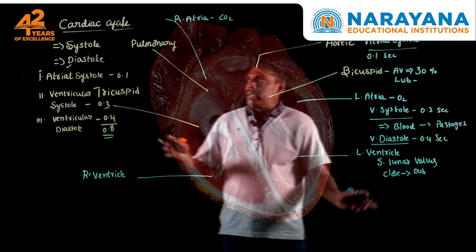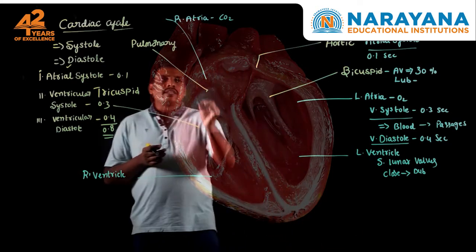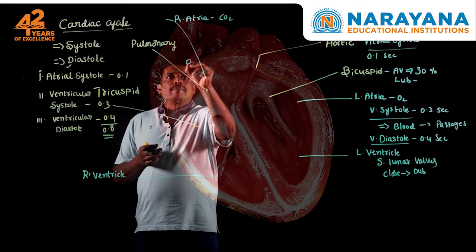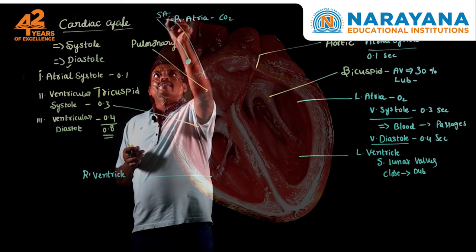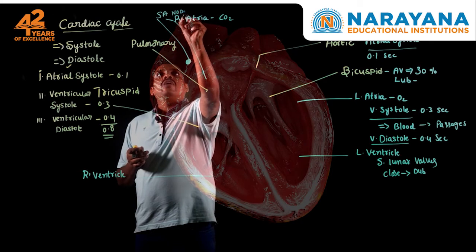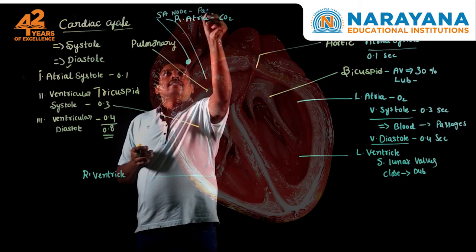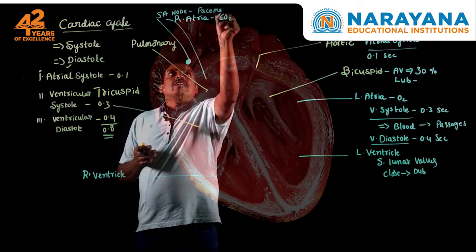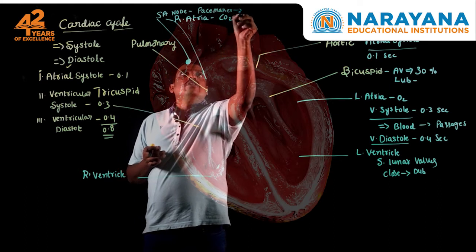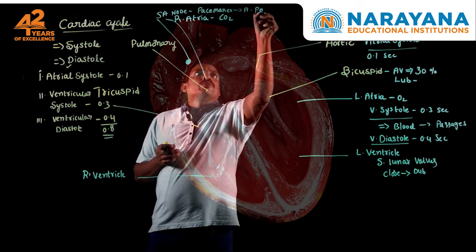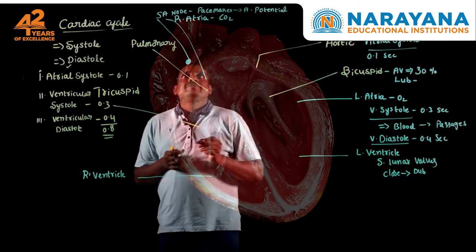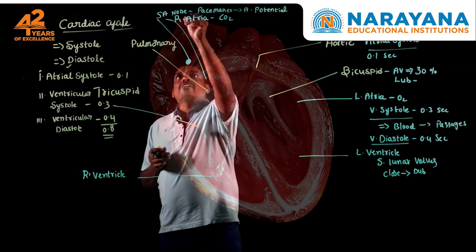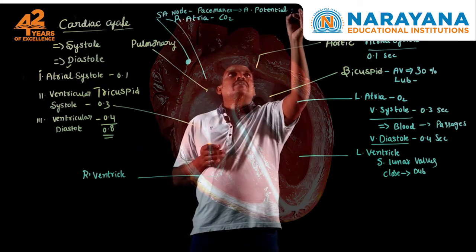Again, SA node. Do you know the SA node? The SA node is present here in the right atria. The SA node, sino-auricular node, is called the pacemaker, which generates action potential. When action potential is generated, what will happen?